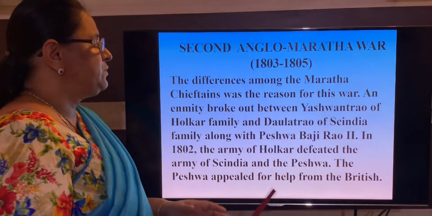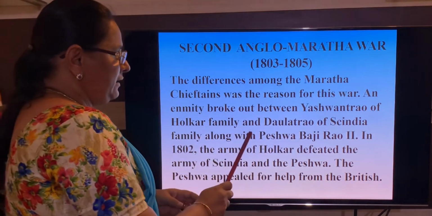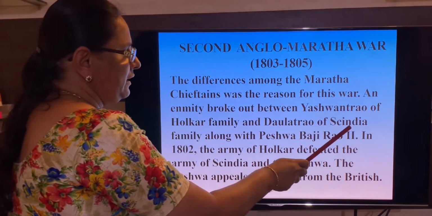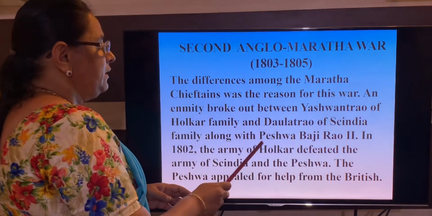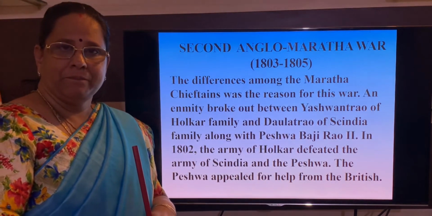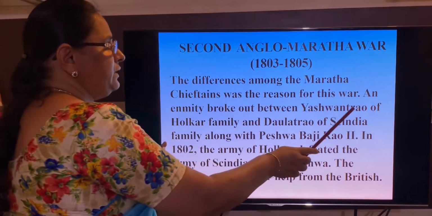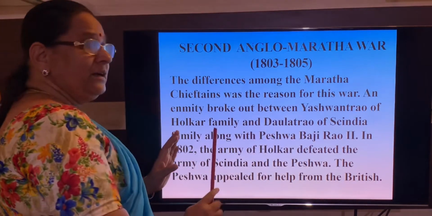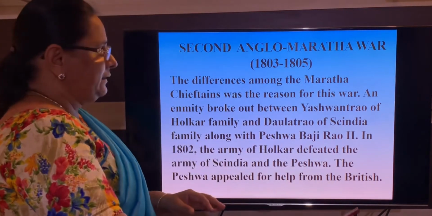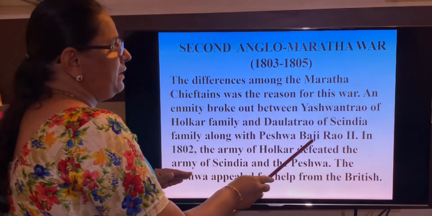The war was between Yashwantrao of Holkar and Daulat Rao of Scindia. With him, Peshwa Bajirao also supported him. So remember, on one side it is Yashwantrao of Holkar, and on the other side are two people, Daulat Rao of Scindia and Peshwa Bajirao.